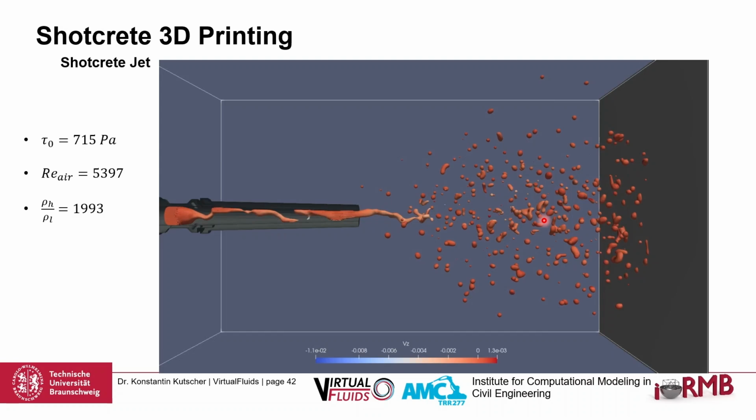But with this method we can compare it, and it was pretty close to the experimental one. Our average velocity and velocity profile were very close to the experimental one. We were very satisfied.